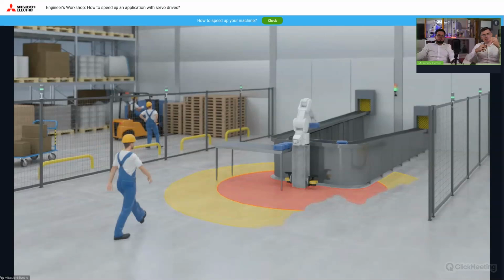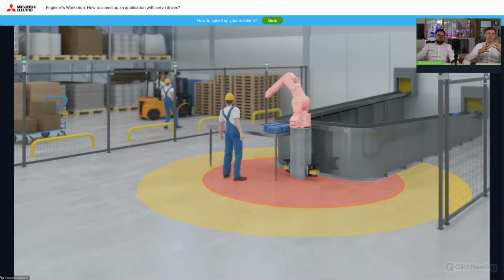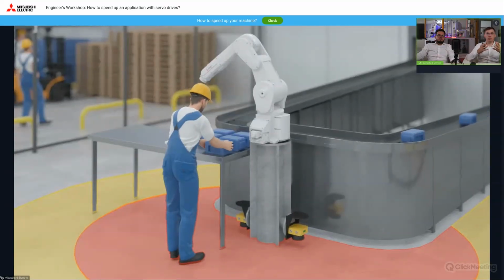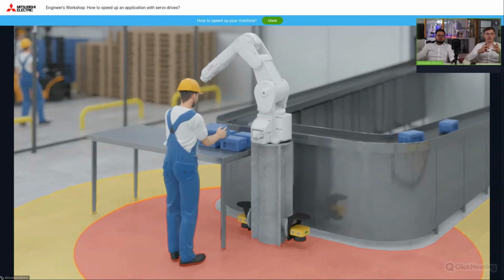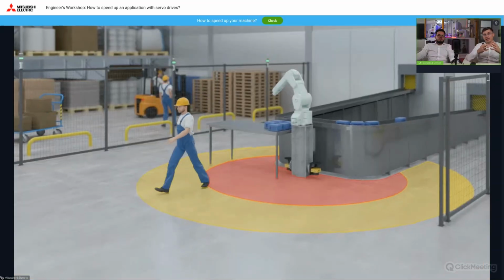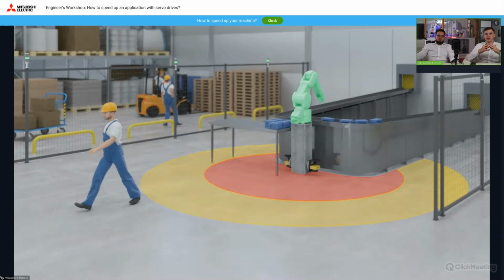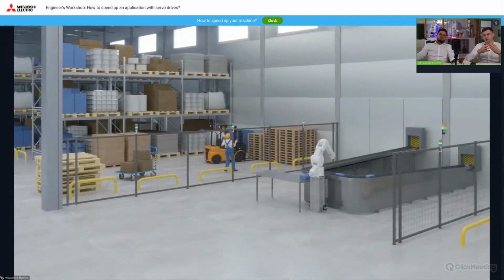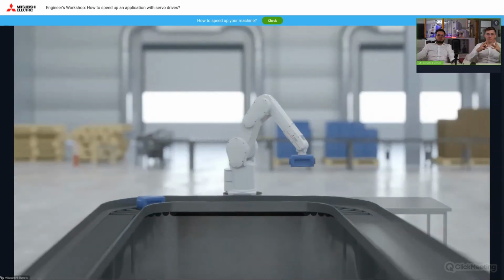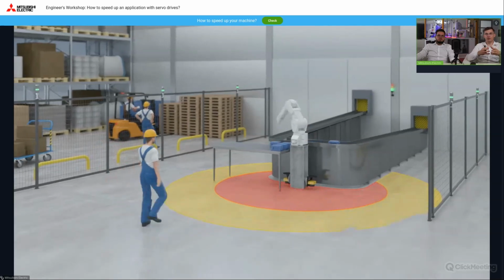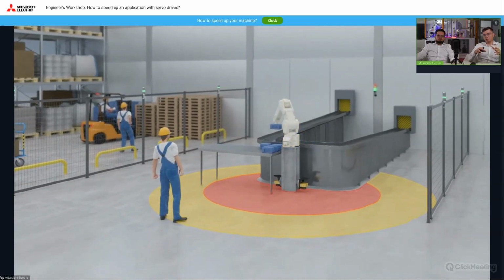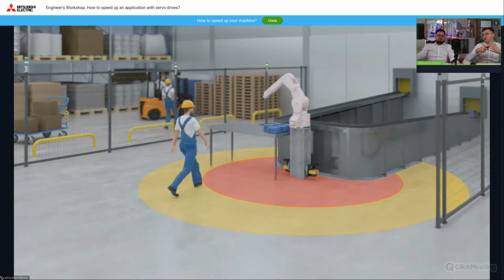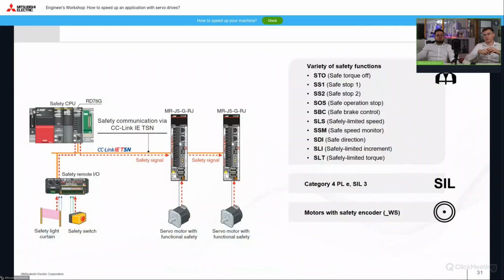When approaching an application, we will first use the safely limited speed function, which will limit the speed of the drives, reducing the chance of injury. And once a specific distance is exceeded, the drives will stop via safe operation stop. Crucially, once the operator has left, we do not have to rearm the machine because voltage is applied to the drives all the time. So they will start automatically without any unnecessary downtimes.